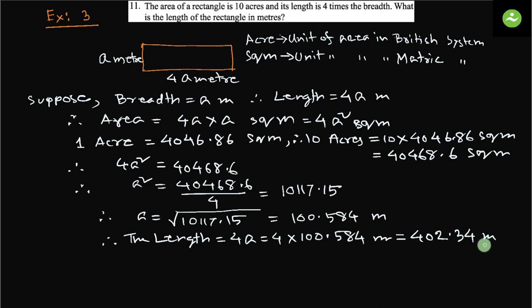This is approximate. Why do we say approximate? When there is a remainder and we take a round figure, then we say this is approximate.